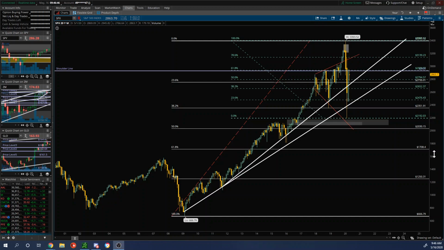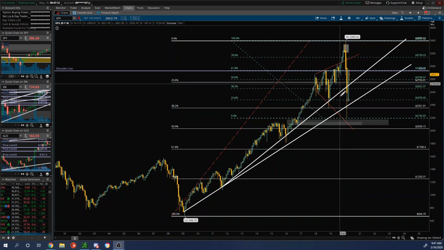And then right here, this shoulder line, this is a very potential head and shoulders. We have the left shoulder over here, and we drop to a neckline of about 2,500, let's call it, somewhere in there. We come up, we make a head, and we drop down pretty aggressively.